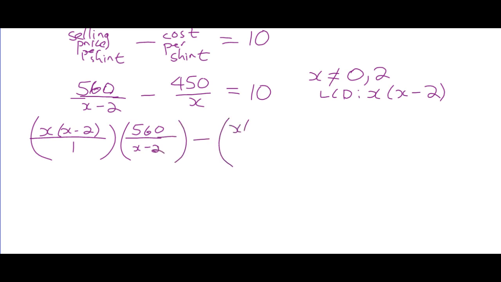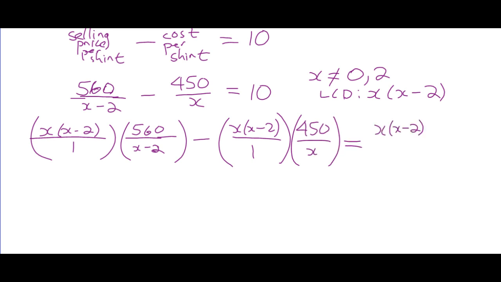Minus, same deal, x times x minus 2 over 1 times 450 over x is equal to x times x minus 2 over 1 times 10 over 1. Anytime you want to make something into a fraction and it isn't, like it's 10, then write it as 10 over 1.